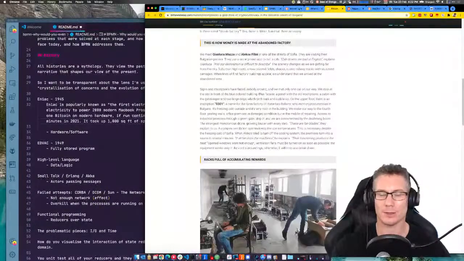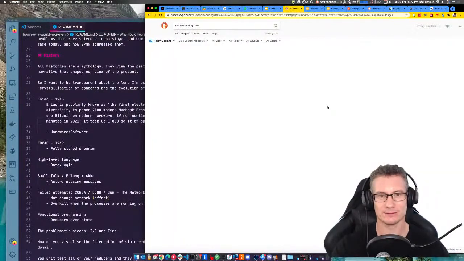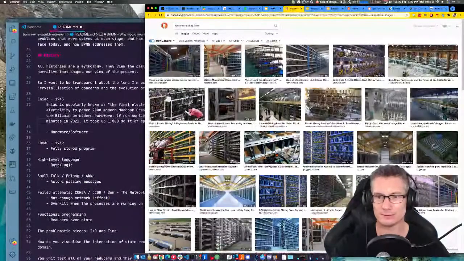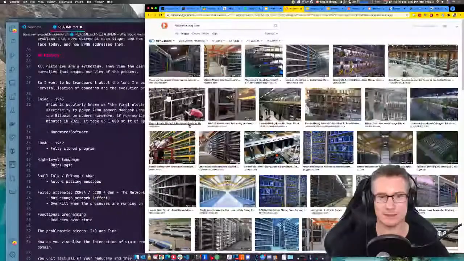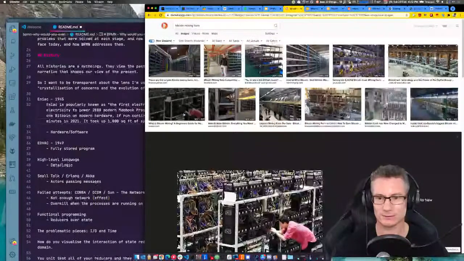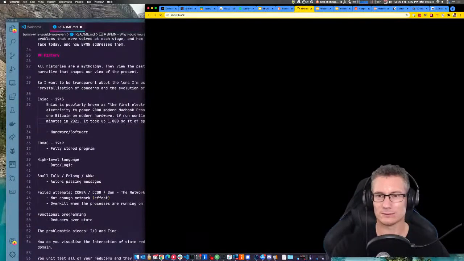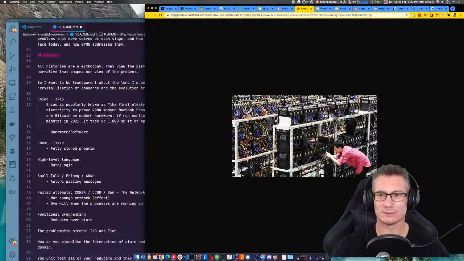Let's see if we can find Bitcoin mining farm pictures then, something that looks like ENIAC. This one. Yeah, very interesting.